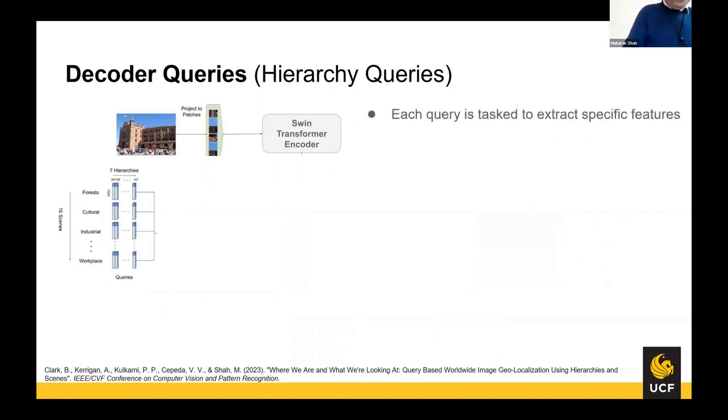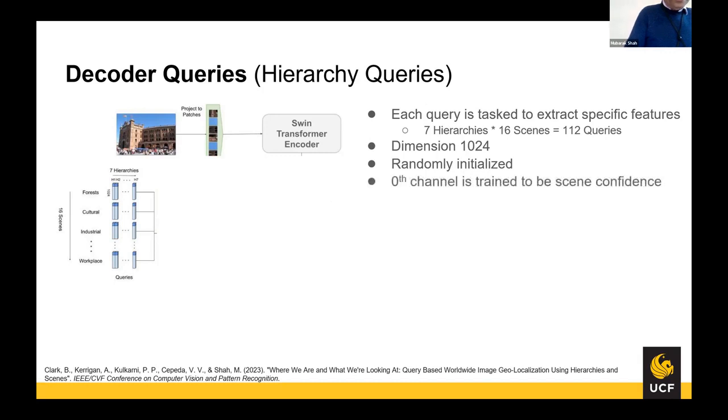Each query is tasked to extract specific features. So we have a total of 112 queries, each of 1024 dimensions, randomly initialized. In that, the 0th channel is trained to be the scene confidence when we get the output queries.